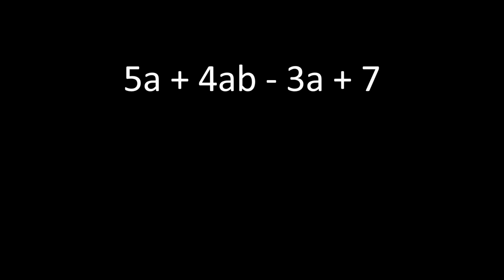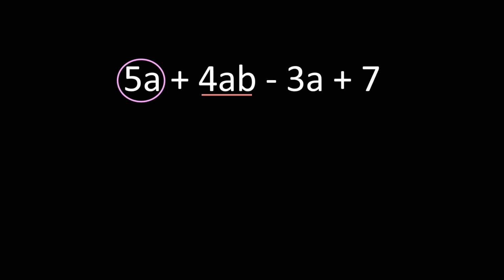In this example, I have 5a plus 4ab minus 3a plus 7, and I'm going to simplify this expression by combining my like terms. So the first term I have is 5a, so I'm looking for anything that's a like term with 5a. The second term I have here in the problem is 4ab. Well, it does have the a in it, but it has two variables.